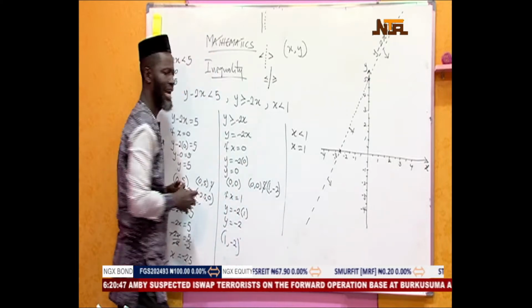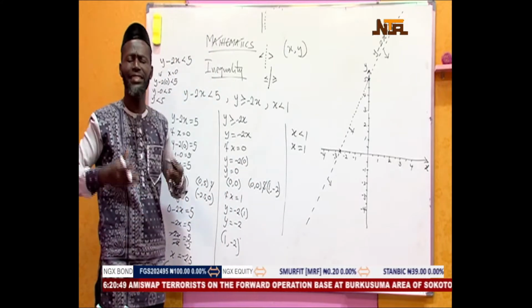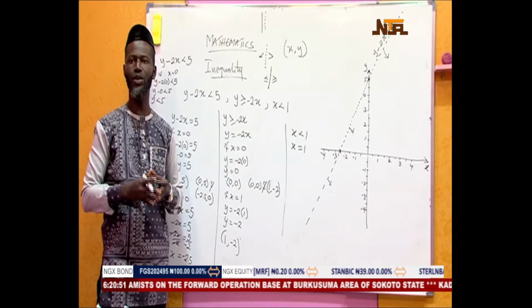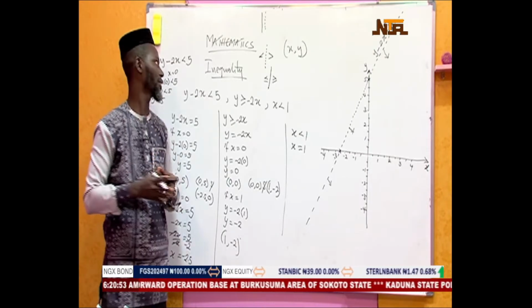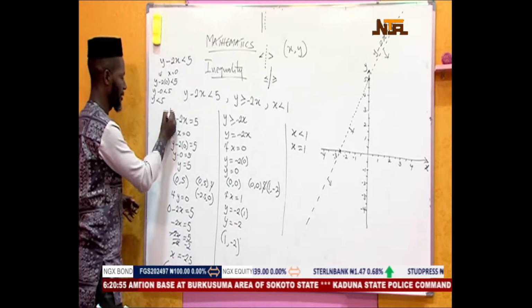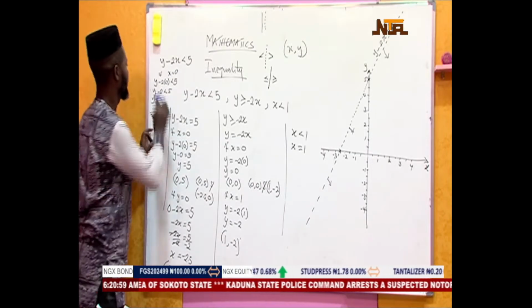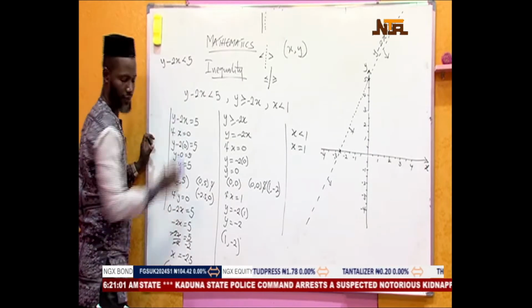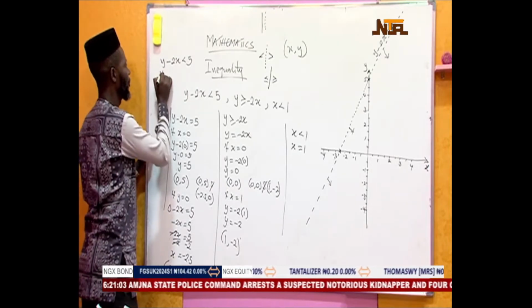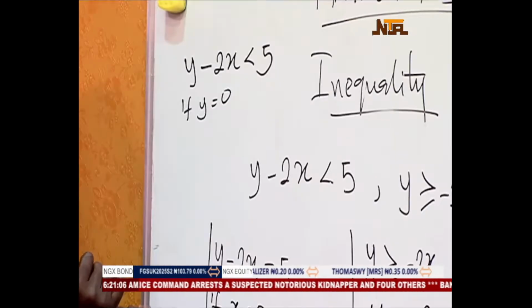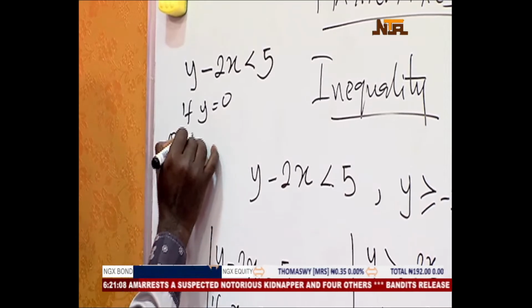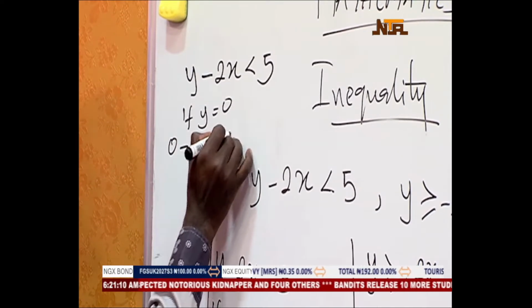Now, the question is, what if I decide to use x? Yes, you can use x, and we are still going to get the same thing. Let's assume that I want to use x. That is, if y is equal to 0, so we have 0 minus 2x less than 5.